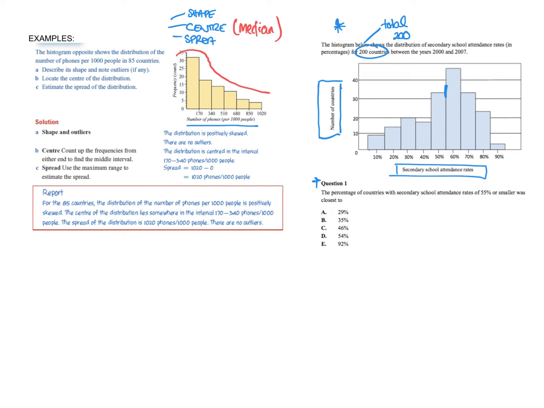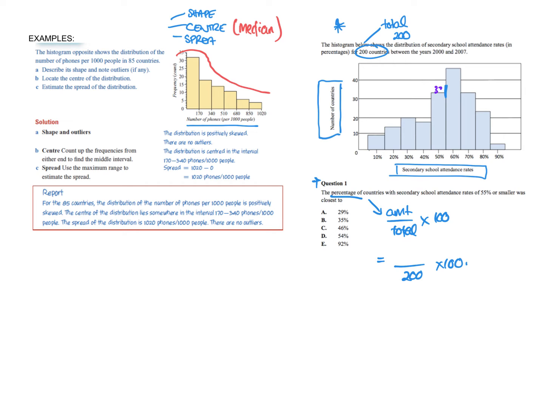When they ask for the percentage, remember you always go the amount over the total times 100. So it's going to be out of the 200 countries times 100. Now we're looking at how many were smaller than 55, so we've got to add these all up.